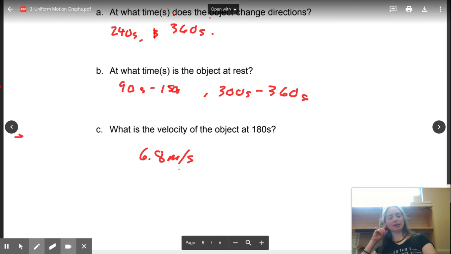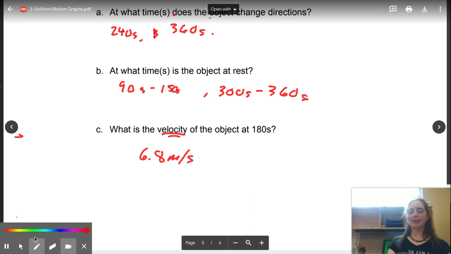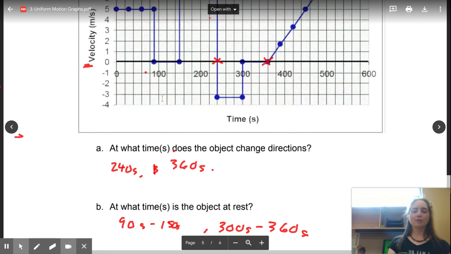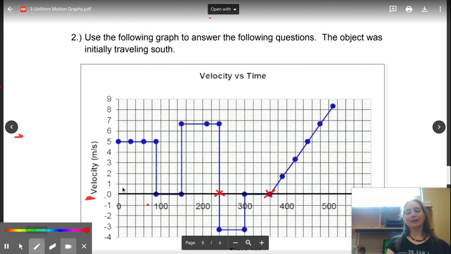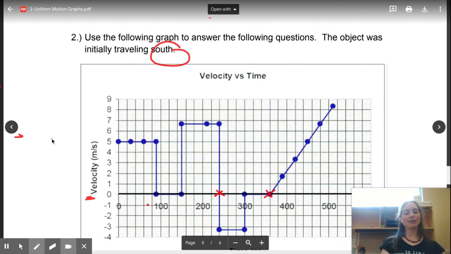What would I be deducting half a point off myself for? Direction. I did not write down the direction. I asked for velocity in this question, which means I need direction, because it is a vector quantity. So when we scooch up here, this object is initially traveling south.